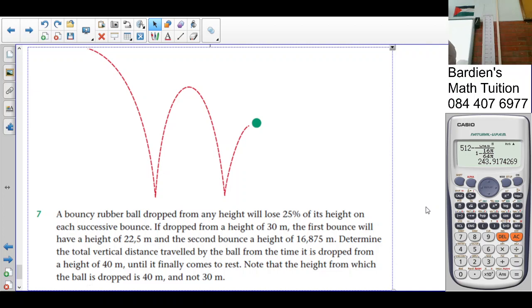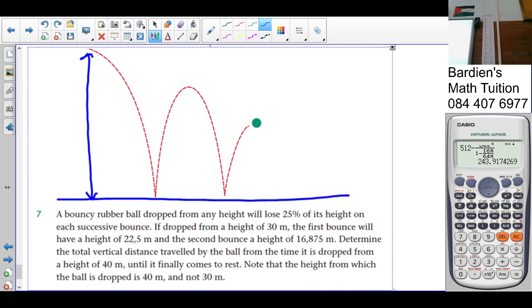So what happens is a quarter of its height is lost, so it retains 75% of it, or 3/4. Each successive means every bounce thereafter, such as things one after the other. If it's dropped from a height of 30 meters, so this is 30 meters. This is now the ground here. So this is 30.